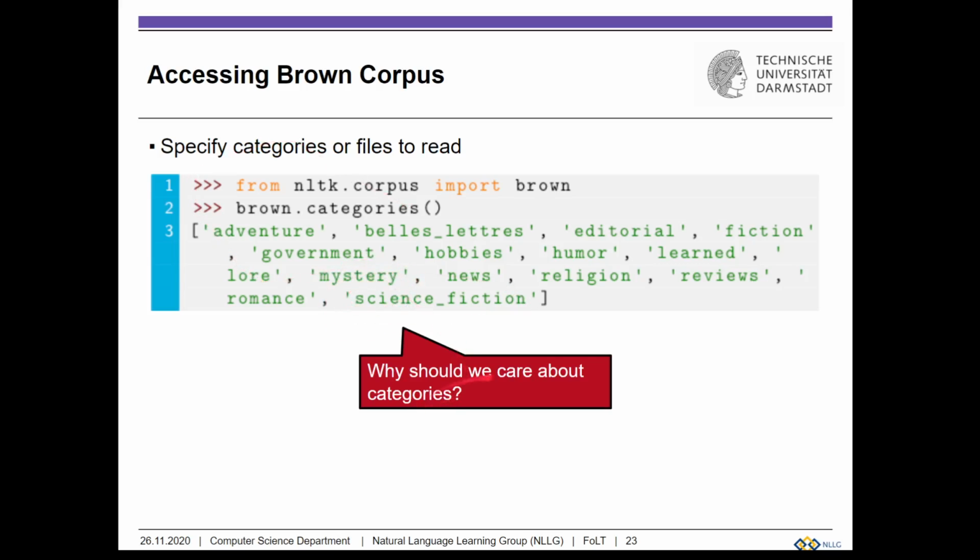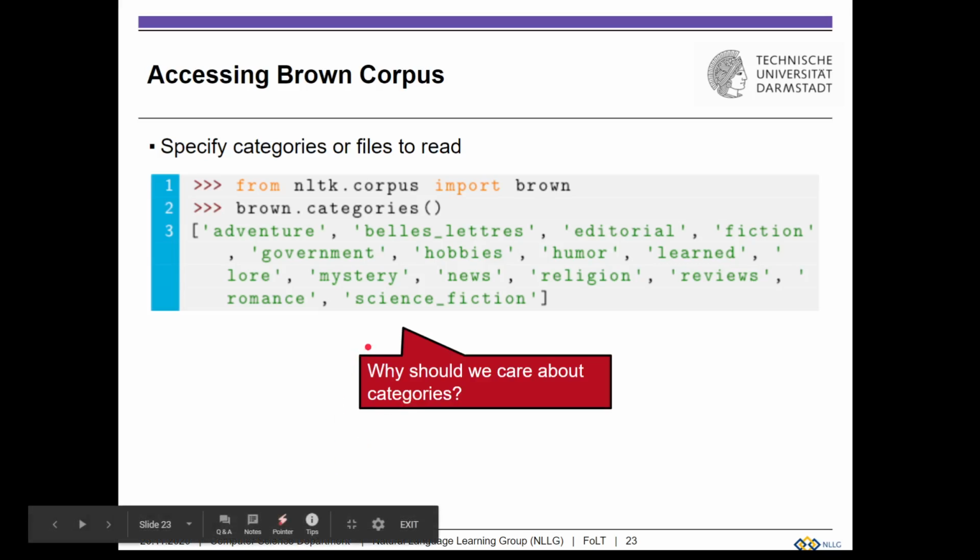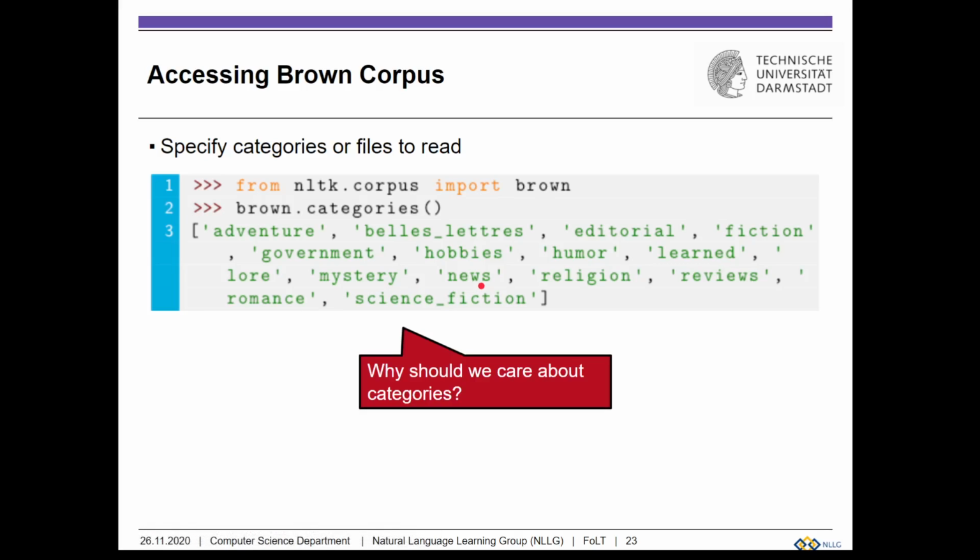Then the question here is, why should we care about categories? Because sometimes we want to analyze only text from certain categories. For example, if we're humanities people, we're maybe more interested in science fiction, in romance, and we're maybe less interested in newspaper text. On the other hand, if we're politicians, maybe we're more interested in newspaper text or government text, right?